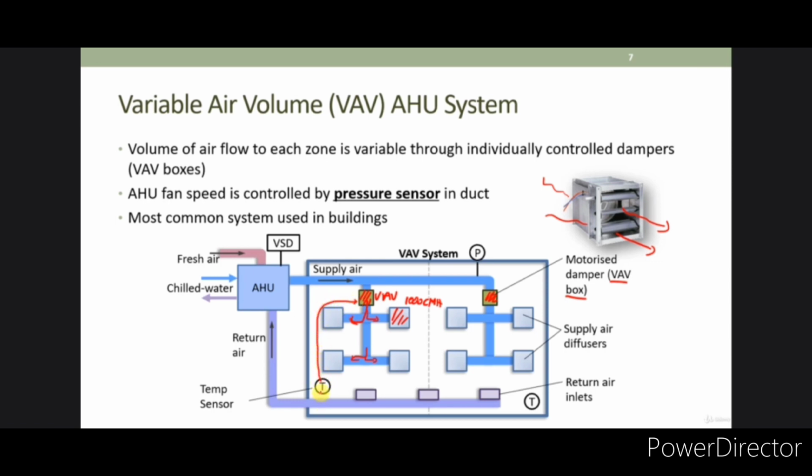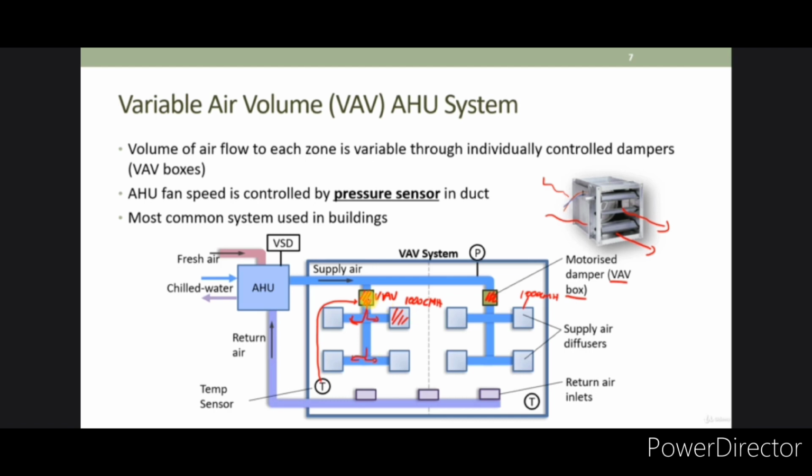So the temperature sensor will control the damper position. You can do it for one zone, and the other zone can still have 1000 cmH. That means you don't have to affect the other. Each individual VAV will take care of its own area.